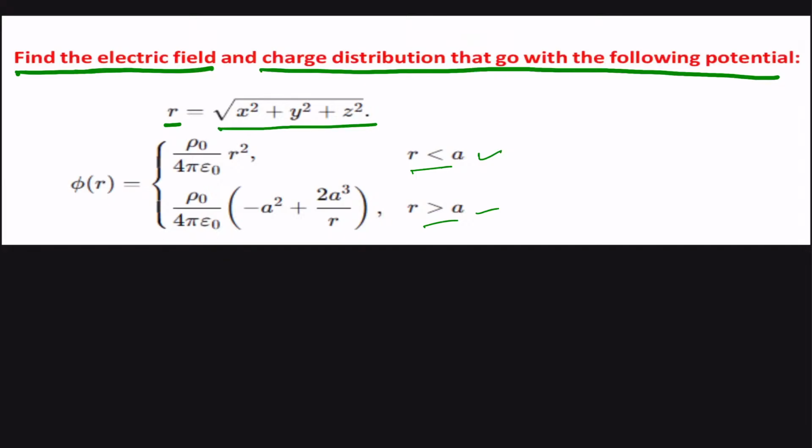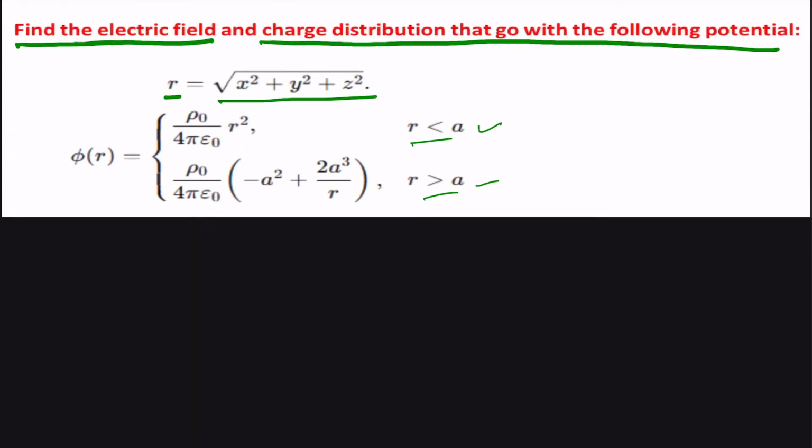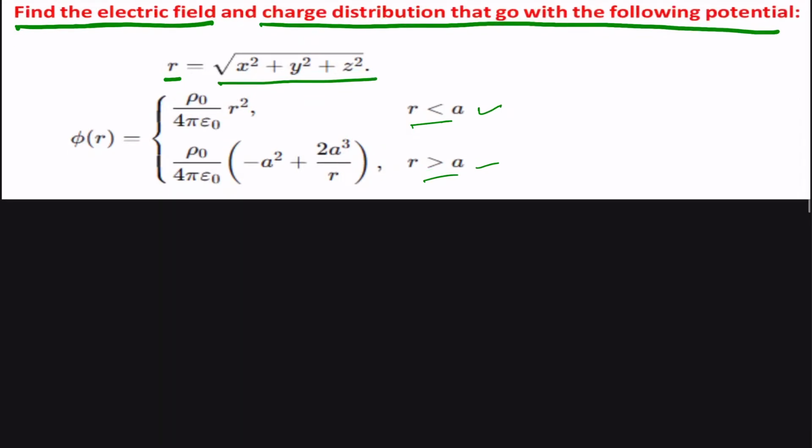So first of all, we are going to test the continuity at r is equal to a. So we are going to check the continuity at r is equal to a.